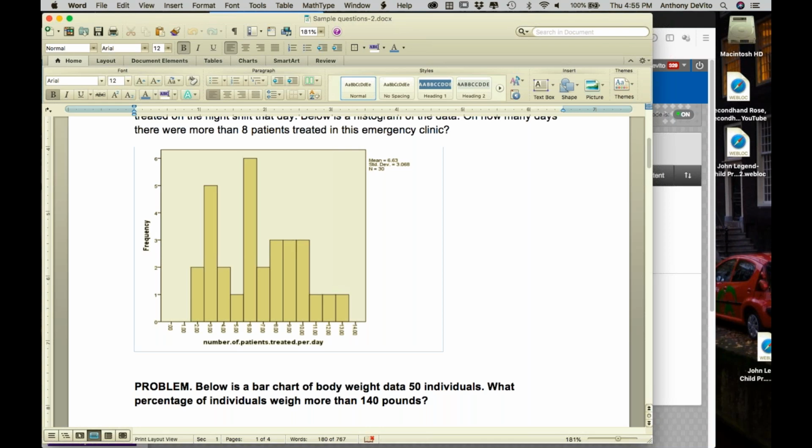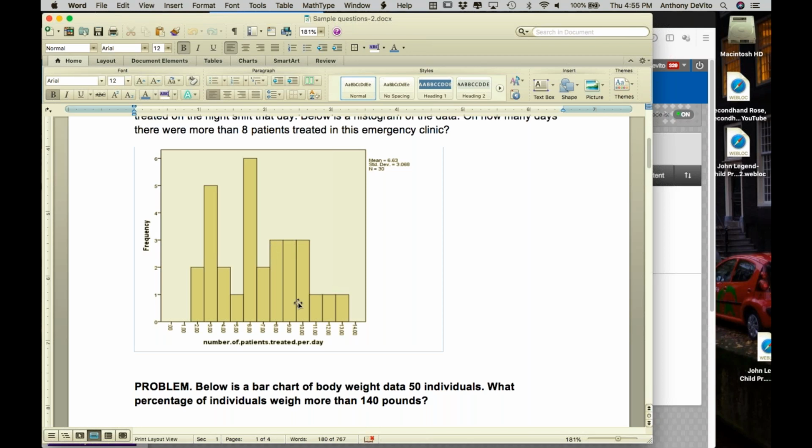Given that more than 8 patients were treated on a given night, what percentage of the time were there 11 or more patients? Given that there were 8 or more patients treated on the night, what percentage of those nights were there 11 or more patients? How many nights were there 8 or more? That's 3, 6, 9, and 3 is 12.